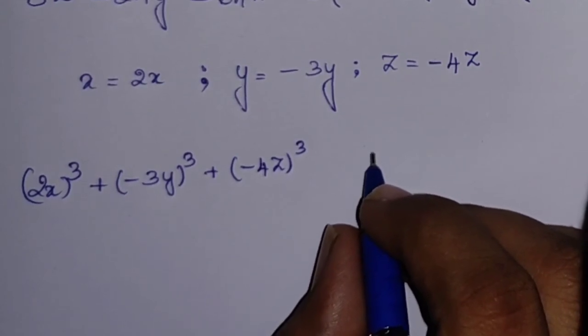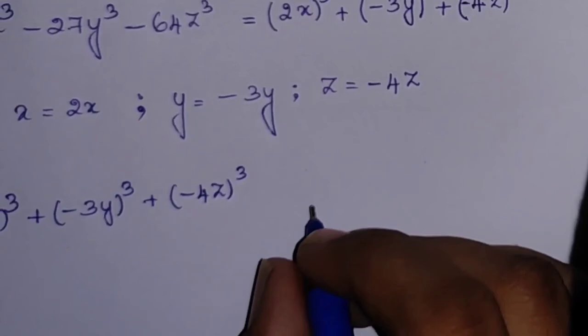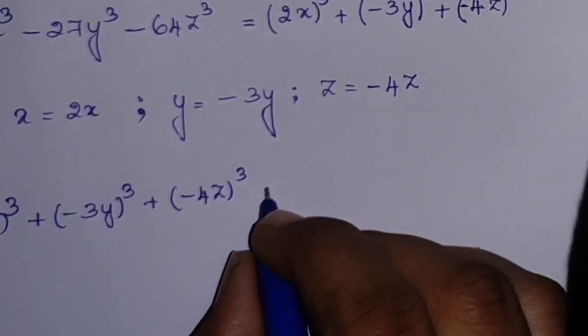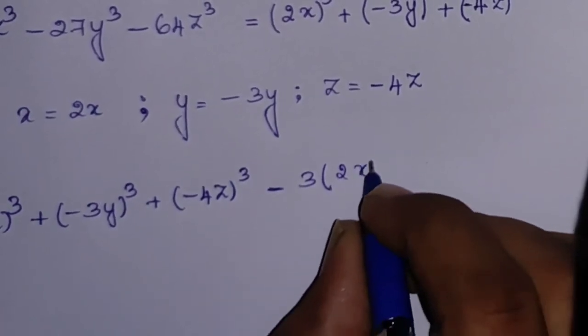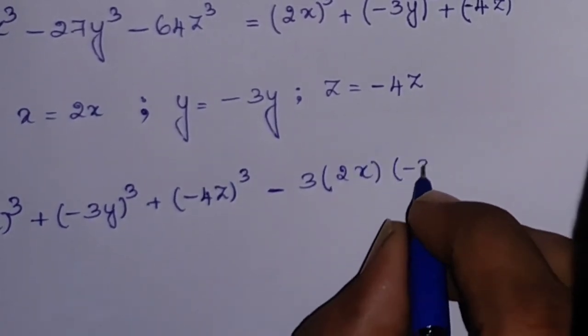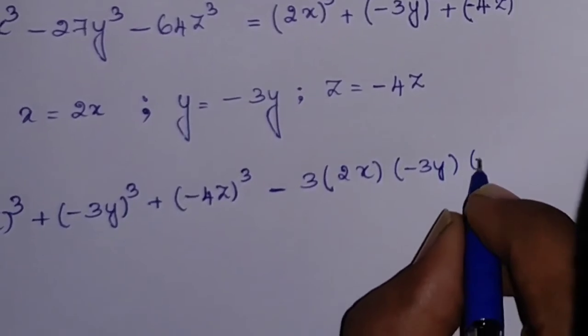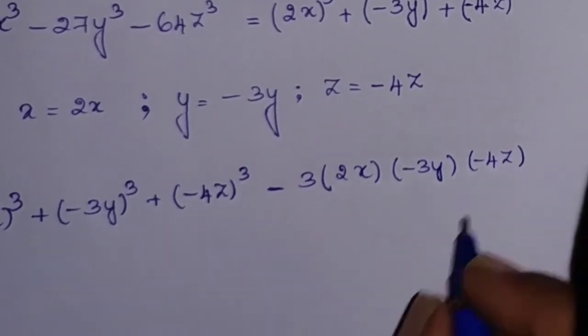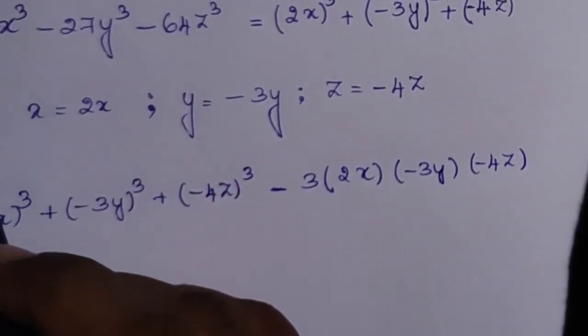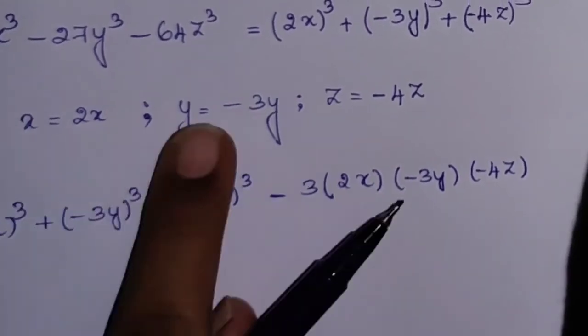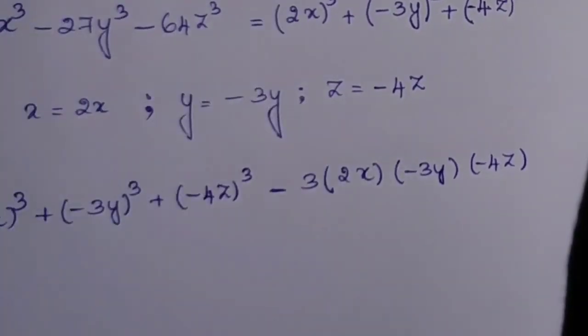Okay, so x value is 2x, y value is minus 3y, and z value is minus 4z. So I'm replacing the x value, y value and z value in that identity.